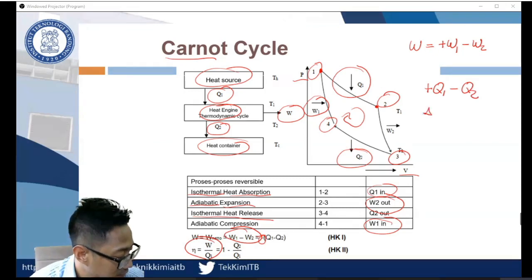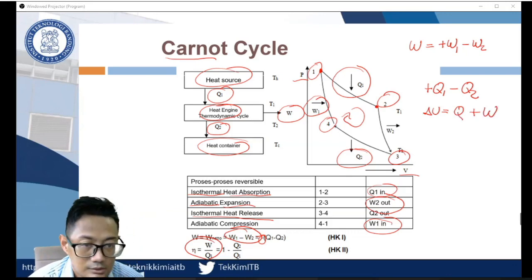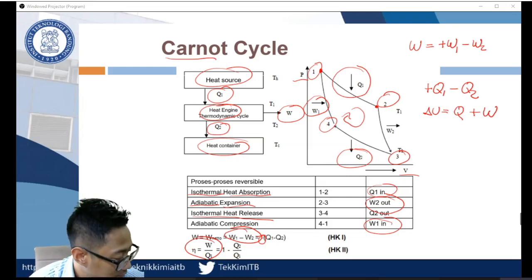Remember, delta U is equal to Q plus W. Because of this closed cycle, delta U would be equal to 0.